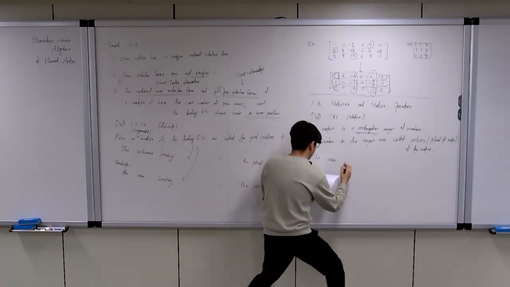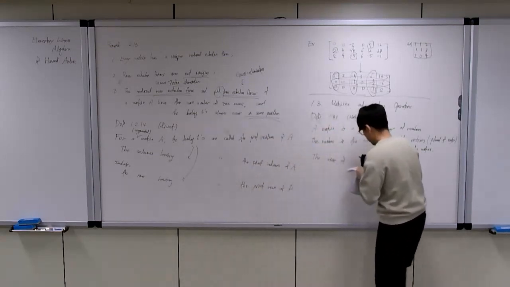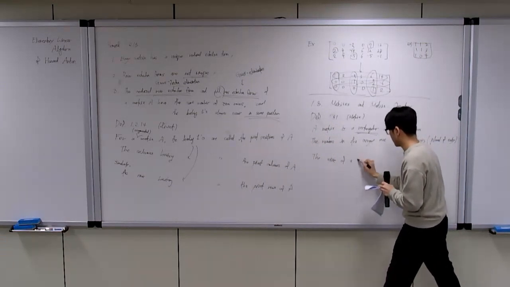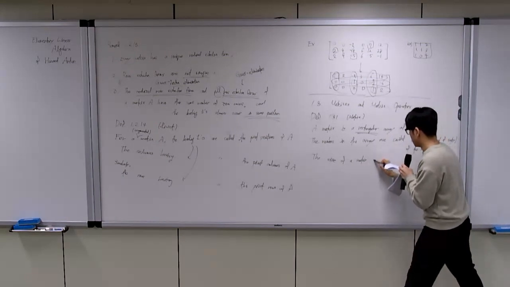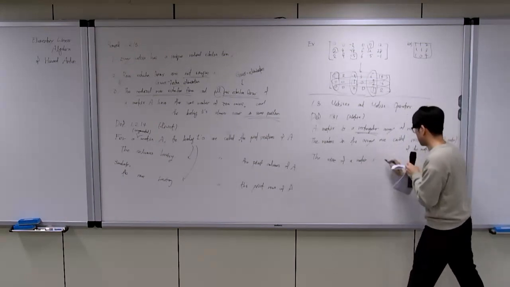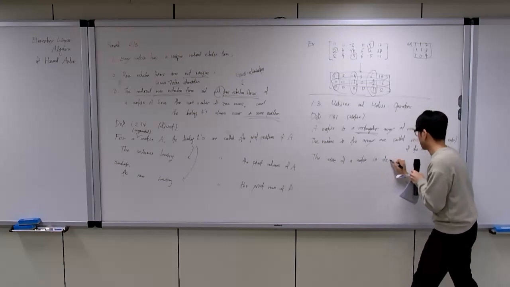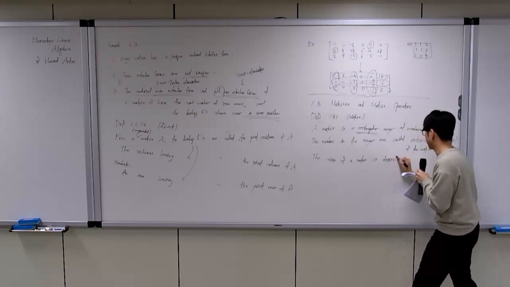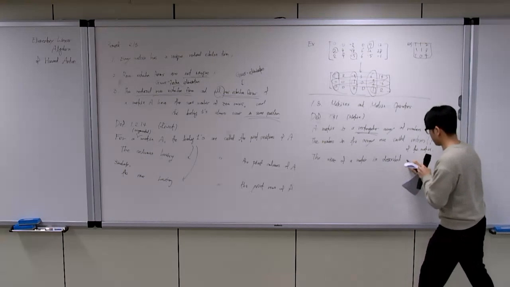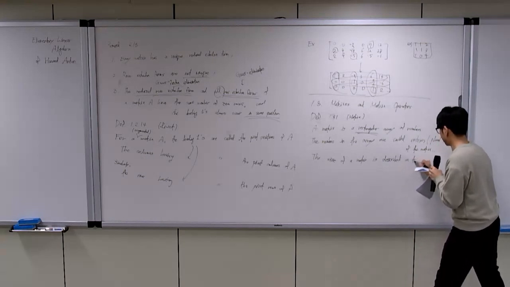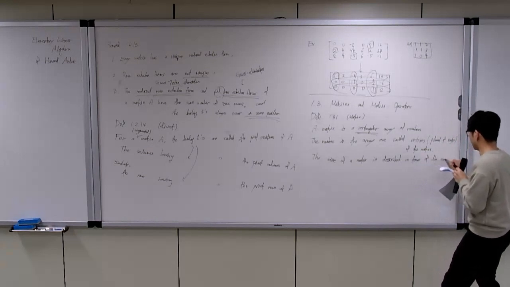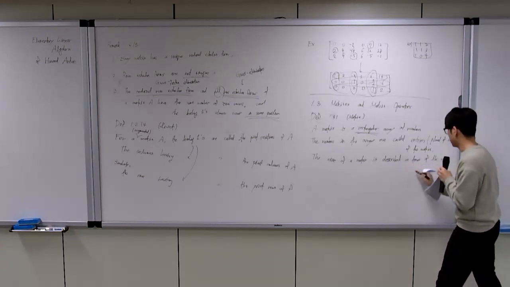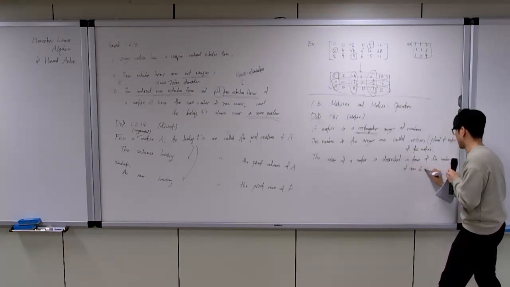The size of a matrix is described in terms of the number of rows and columns.